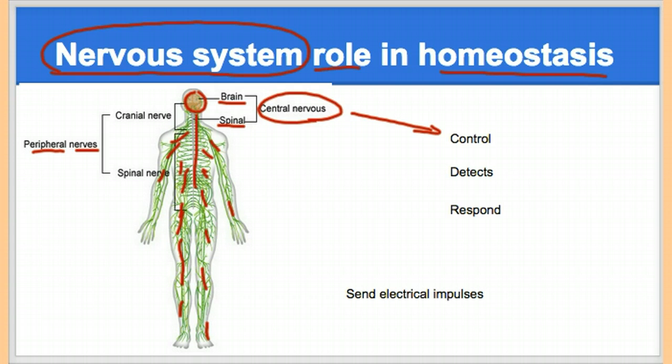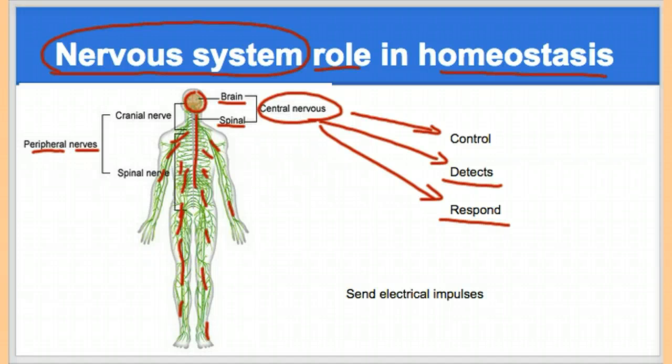So to do this type of controlling, it needs to detect whenever there's a problem and it needs to respond to fix that problem. So think of the central nervous system like our principal. He is the one who has control over the school. And whenever there is something wrong, there is a mechanism for him to detect that, and he also needs to respond.